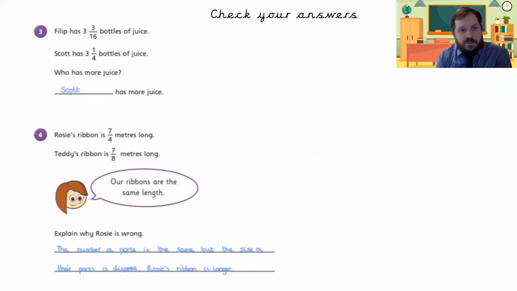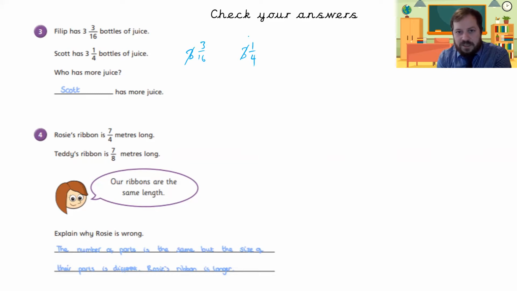Then we've got 3 and 4. So Philip has 3 and 3/16 bottles of juice, and Scott has 3 and 1/4 bottle of juice. Who has more juice? It says Scott. So 3 and 3/16, comparing it to 3 and 1/4. Now, the first thing we can do is forget about the 3 because they're the same.